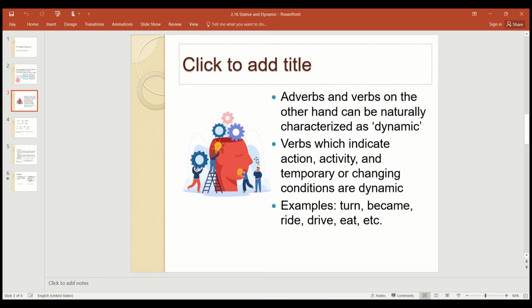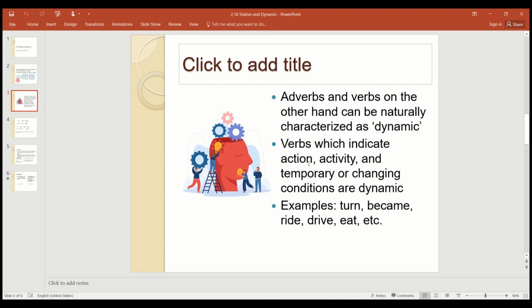On the other hand, adverbs and verbs are usually dynamic. They are characterized by a dynamic sense. Verbs, but not all kinds of verbs, verbs which indicate action, activity, and temporary or changing conditions, are named dynamic. But other types of verbs that we are going to come across are not dynamic.